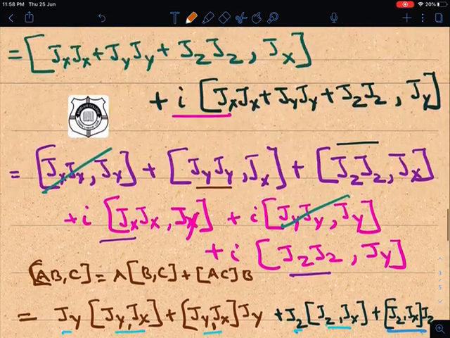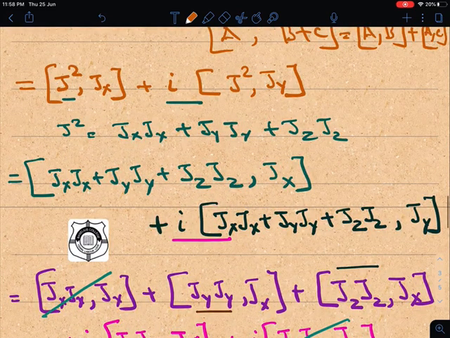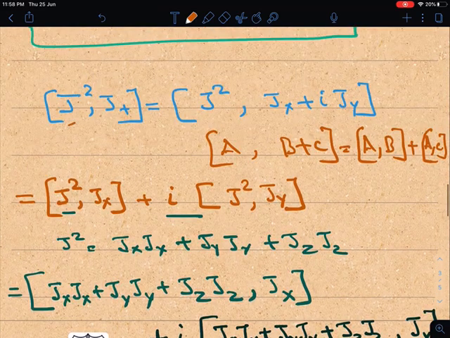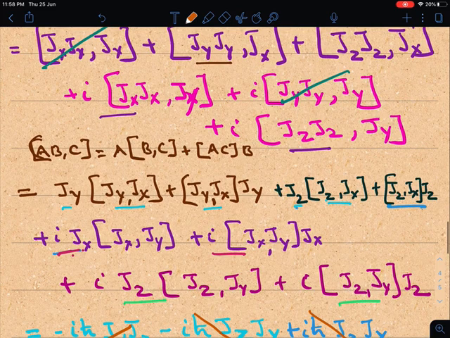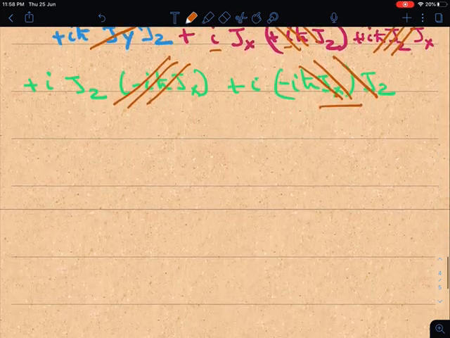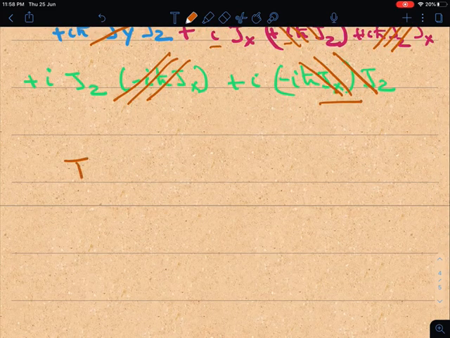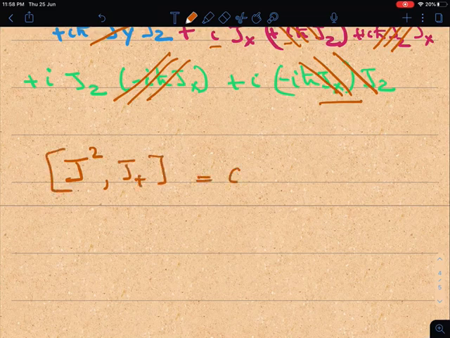So what we have is that J square commutes with J plus. In short, the commutator of J square with J plus is equal to 0.